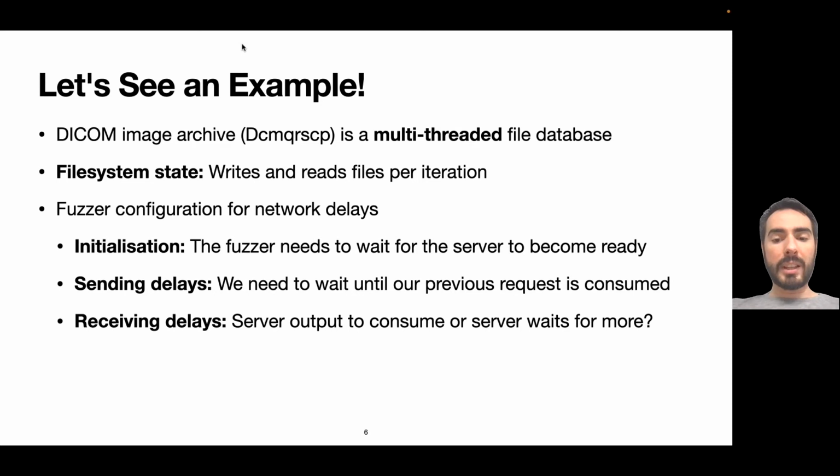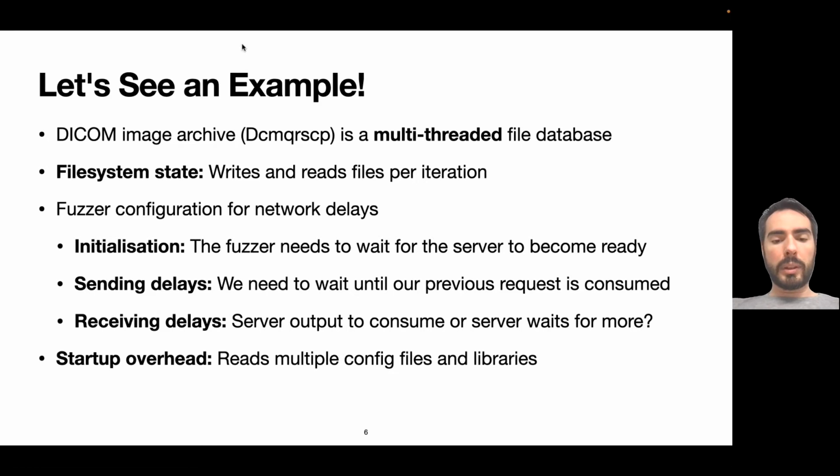And thirdly, the fuzzer doesn't know if the target server is waiting for more input from the fuzzer, is waiting to fulfill a request, or is sending some response. So the fuzzer needs to add an additional delay before switching between sending and receiving. In addition to all this, the server application has a long initialization phase in which configuration files and external libraries are read, which decreases the performance of the whole system significantly.